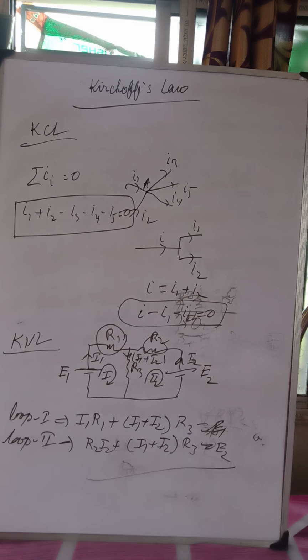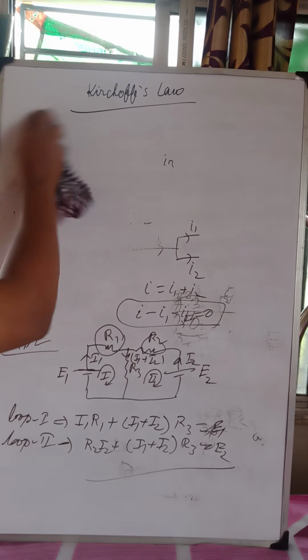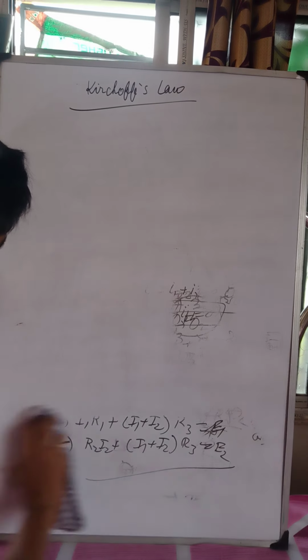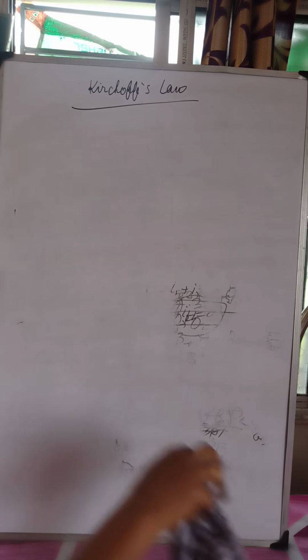Now see, what is a potentiometer? Actually, a potentiometer is a wire having uniform resistance and potential drop.